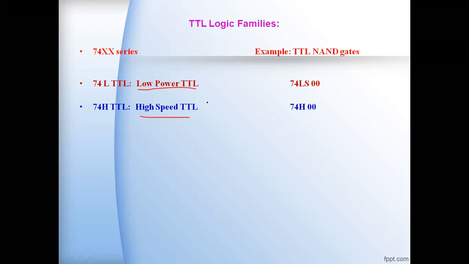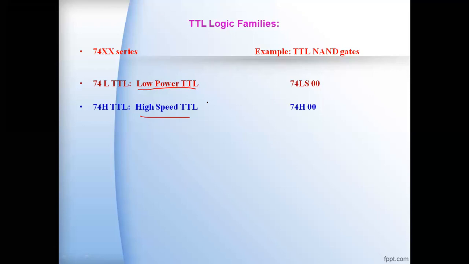When you decrease the resistor values, it will increase the power dissipation. Depending on the user requirement, the user can choose either low power TTL or high speed TTL.